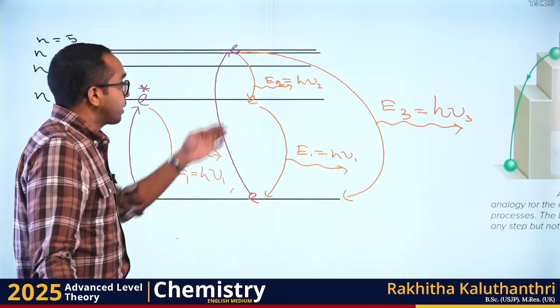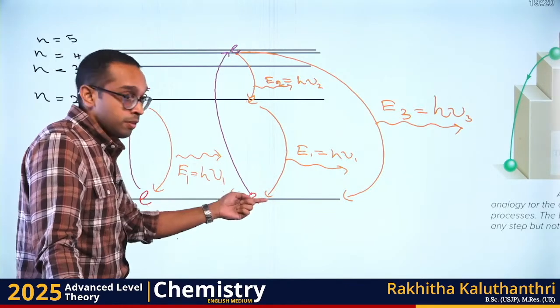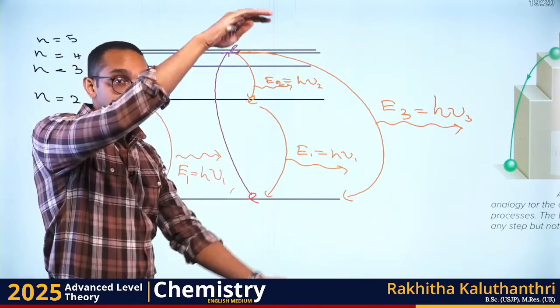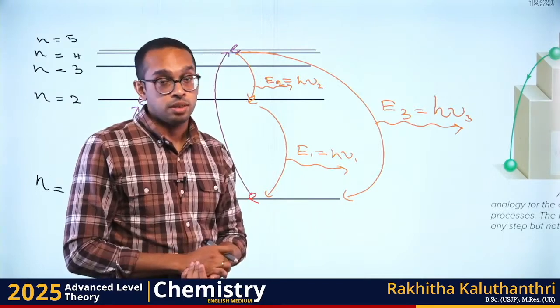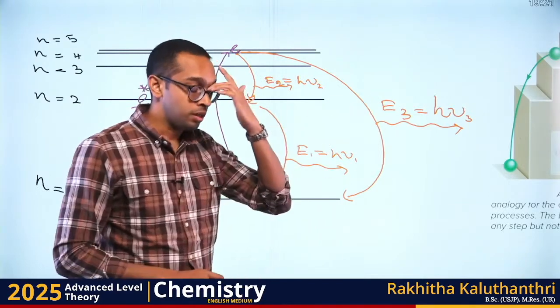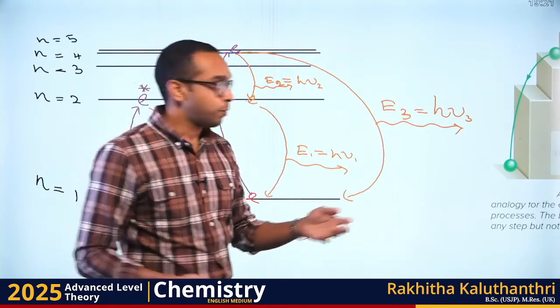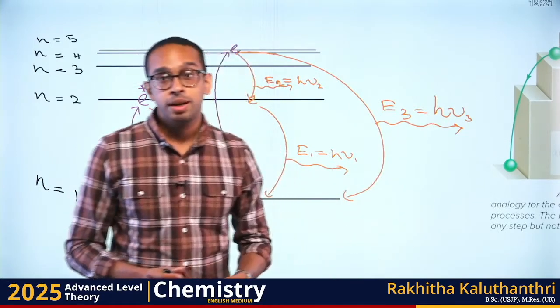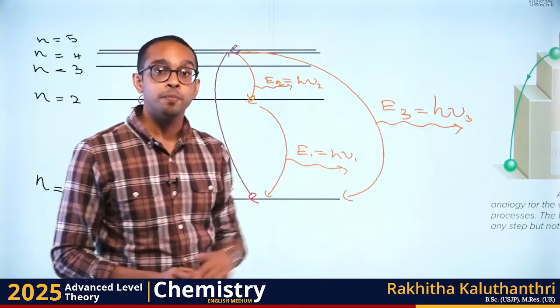When the electron falls from the fifth energy level to the first energy level, the energy gap is massive, so a huge amount of energy is released. That's why E3 has a higher amount of energy, and therefore the frequency is also going to be higher. In nu 3 the frequency is higher.